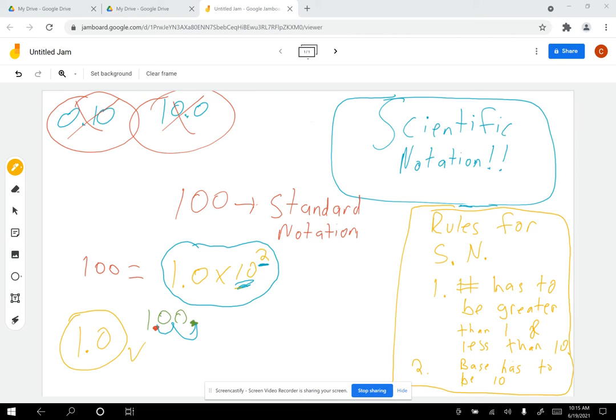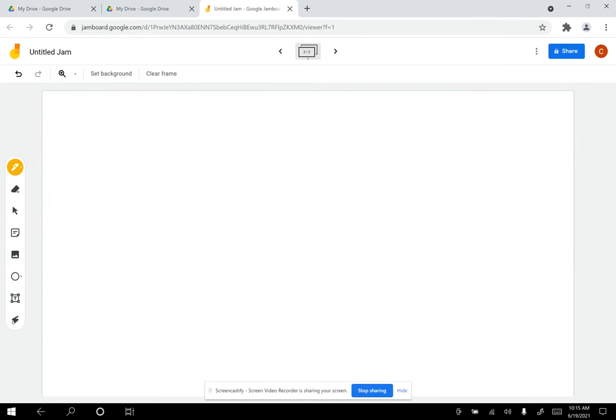So let's look at another example together on how to do this. So if I have 250, I need to remember when I create this new notation, I have to have a decimal that's in between 1 and 10, which means if I move the decimal point once to 25, that's unacceptable.